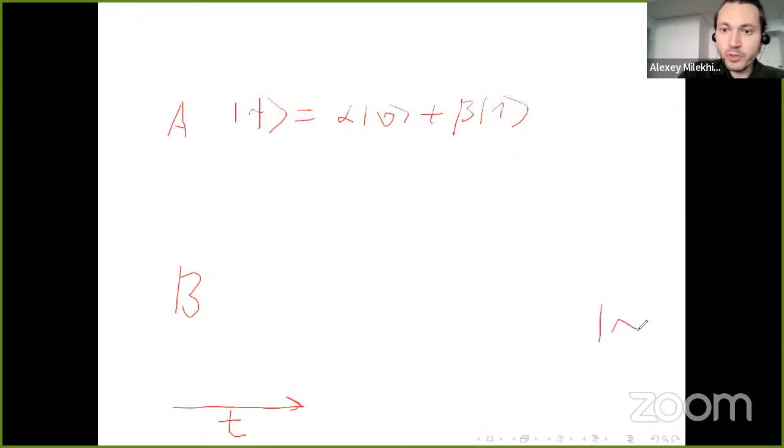She wants Bob to have psi. She does not know alpha and beta. She wants to coherently move the state of this qubit from Alice to Bob, and they are not allowed to physically exchange this qubit. They can only send classical information.